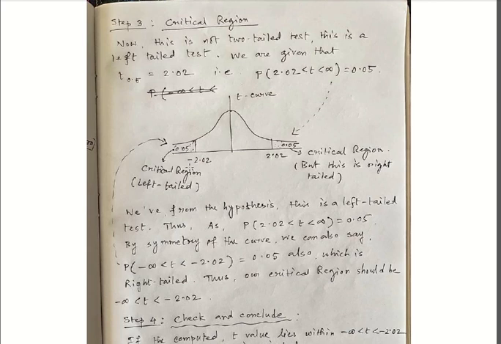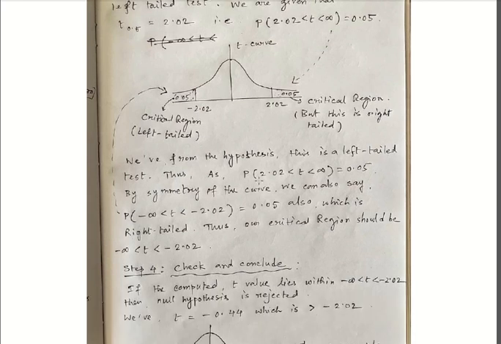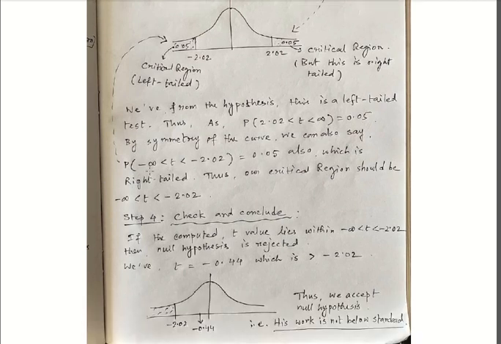The left sided value is minus 2.02. So now the new critical region is minus infinity to minus 2.02, and it is also 0.05. So 5% level of significance is obtained here, and the critical region changed to this one.